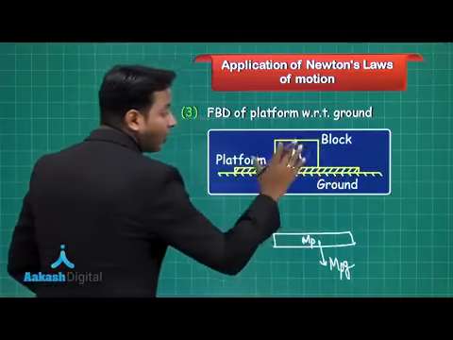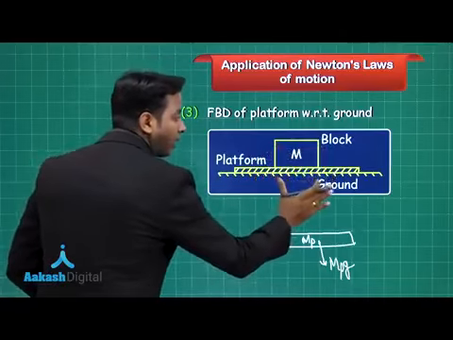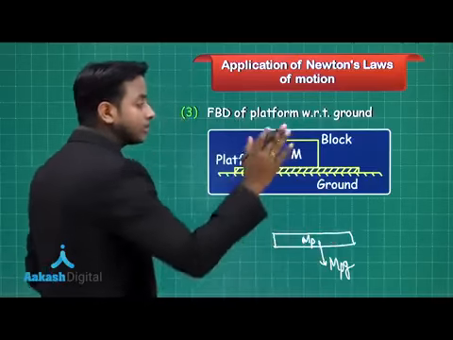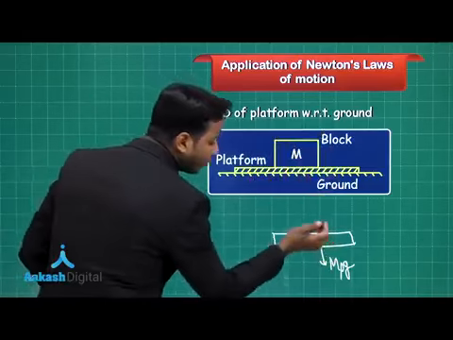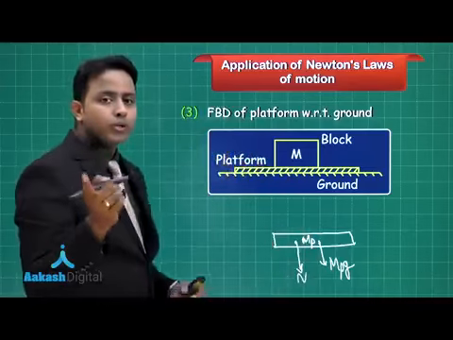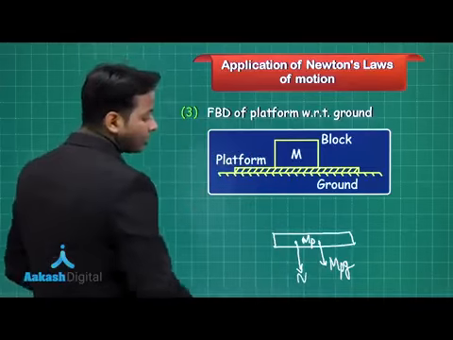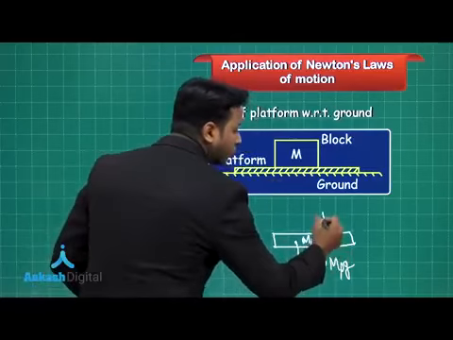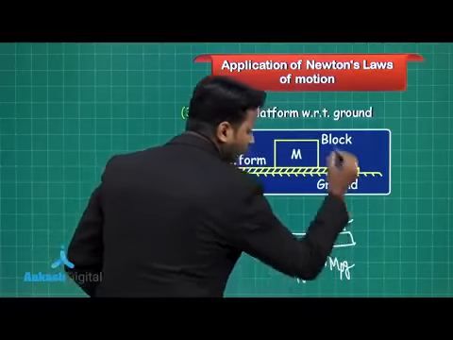Since the contact force exerted by the platform on the block was in upward direction, the contact force exerted by capital M on this platform would be in downward direction, that is N. I hope you remember the expression from the previous case. So we have the N, and there is also a normal reaction from the ground.